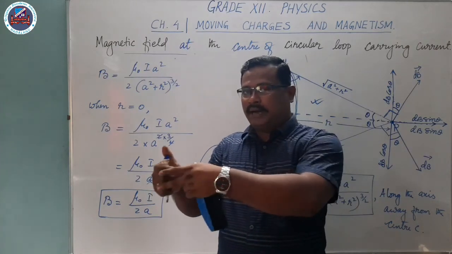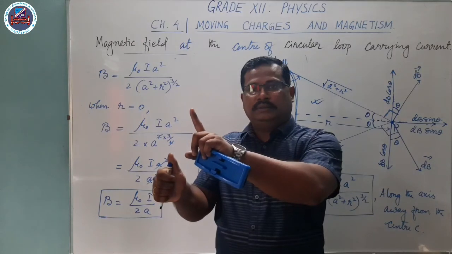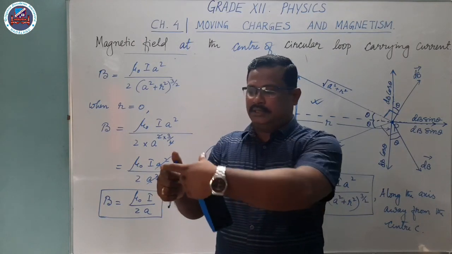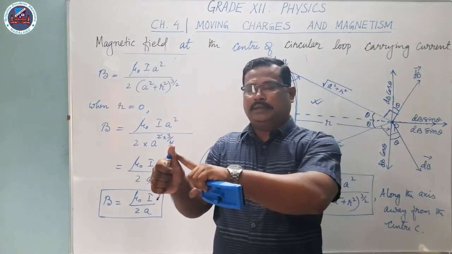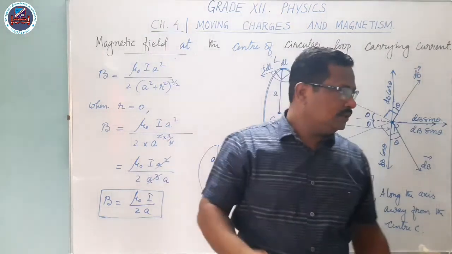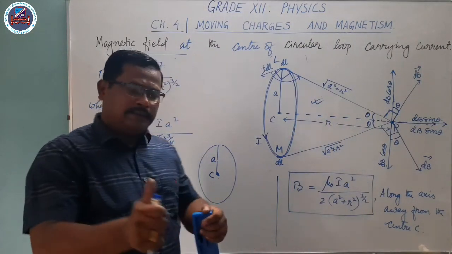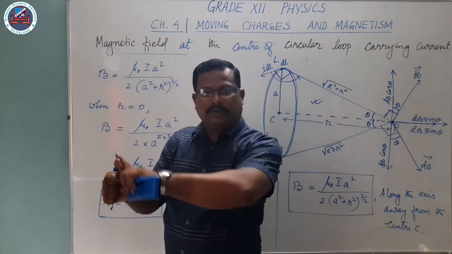So this will become current and this will become the magnetic field line. I think you got it. Sorry, this one make it electric current, and this one you can make as the direction of field lines.